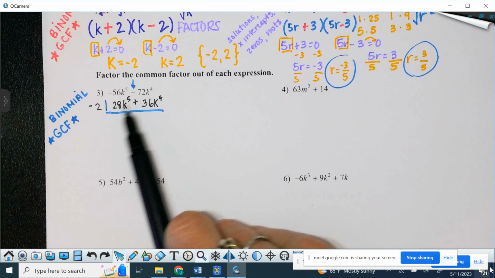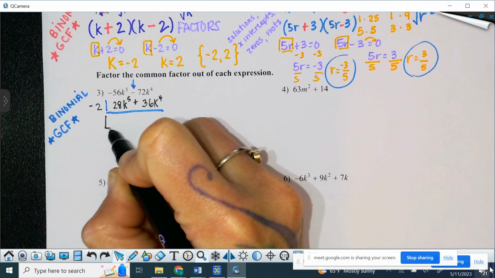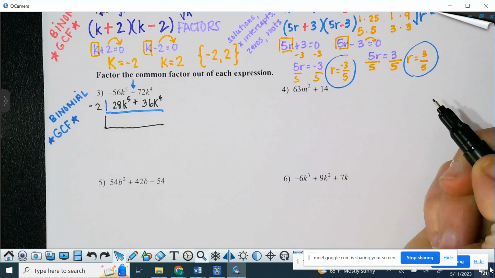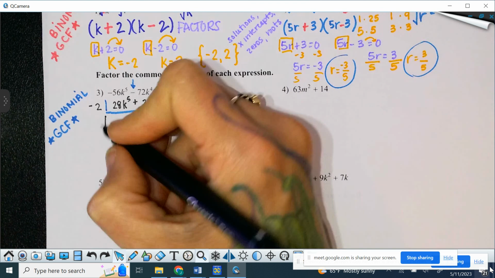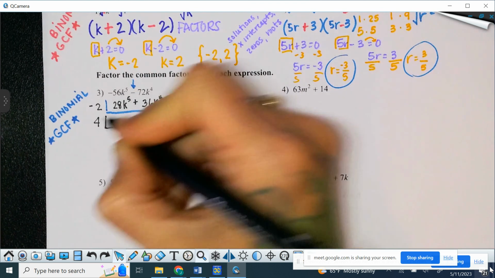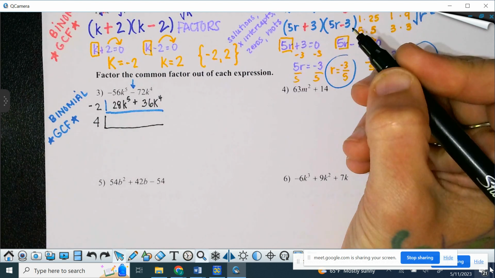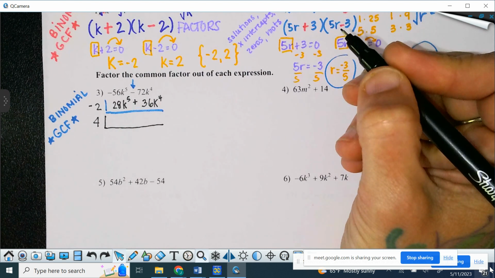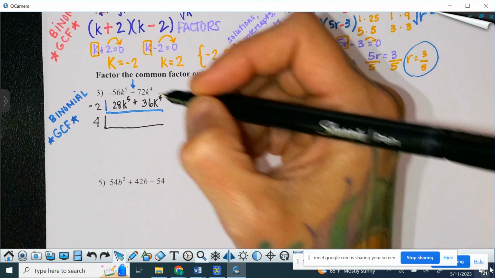So with that 28 and 36, what other number do you think they might be divisible by? 4. Okay. So we'll pull out a positive 4. 4 times what gives me 28? 7. Good. 7 k to the 5th.